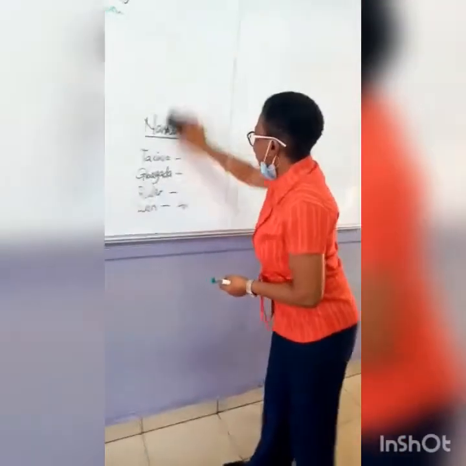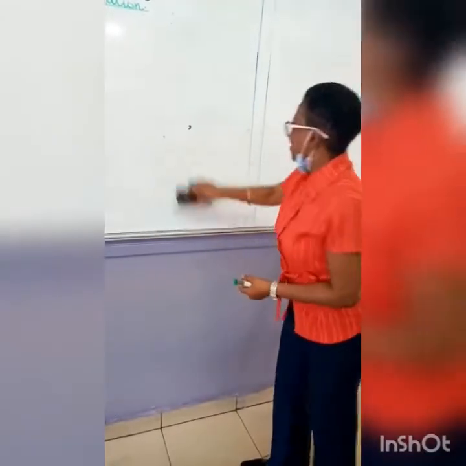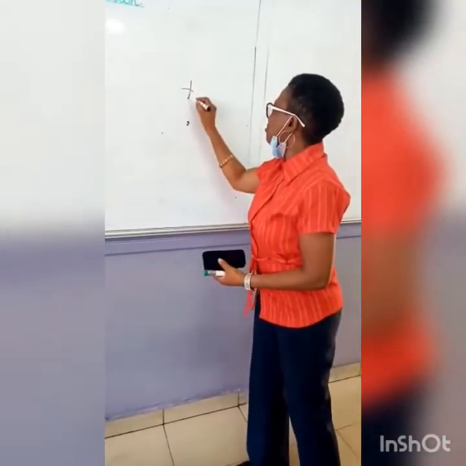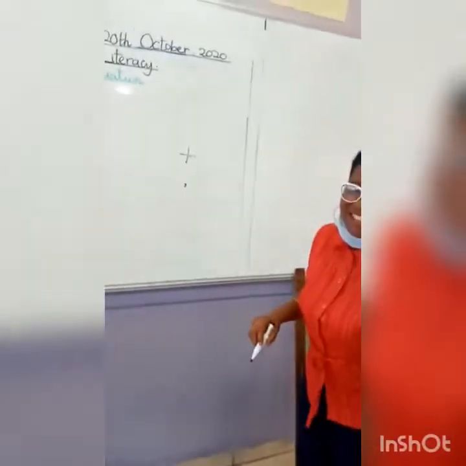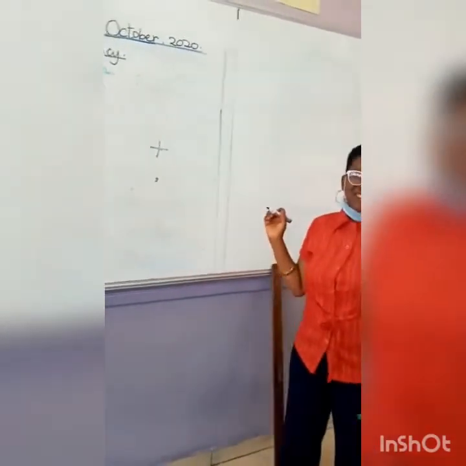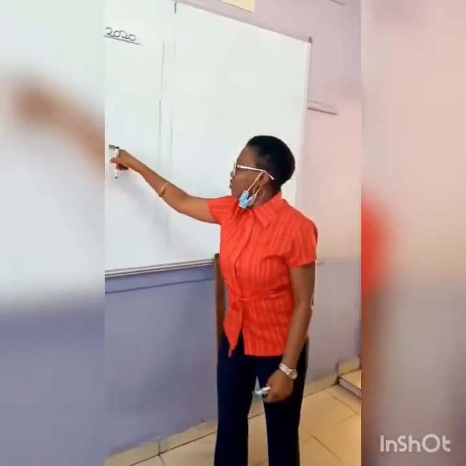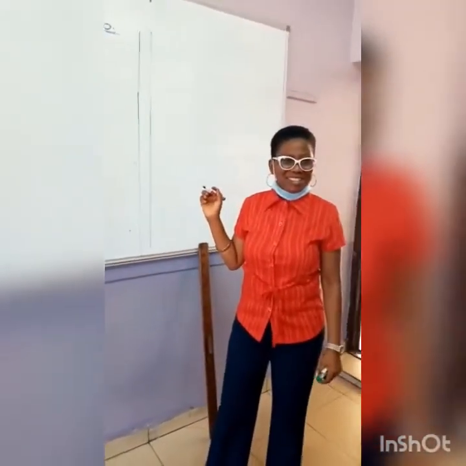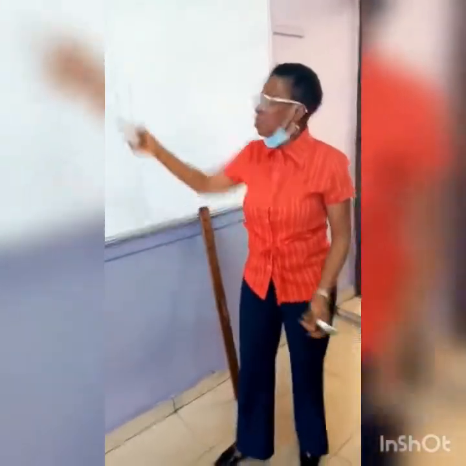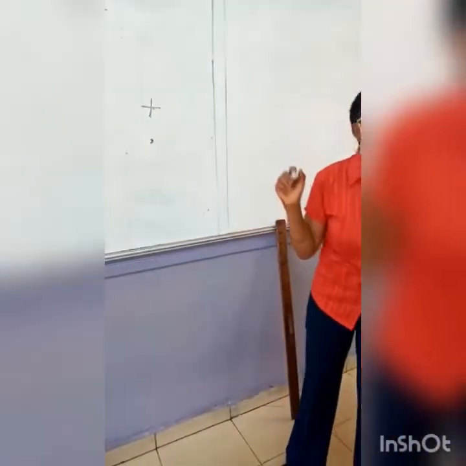Now, can somebody tell me what this is? A plus, and that's a symbol. Where do we use plus? To add numbers together, but we use this symbol in mathematics.